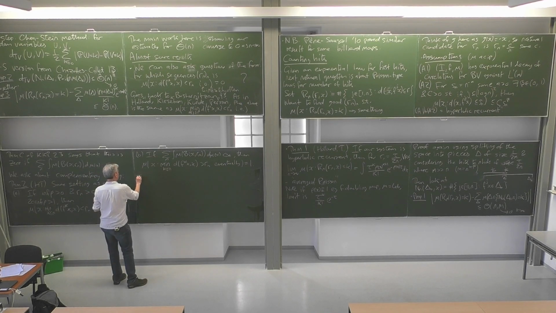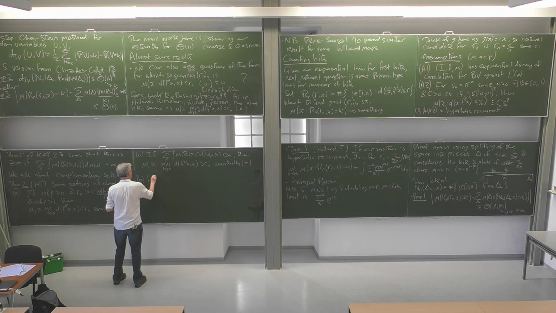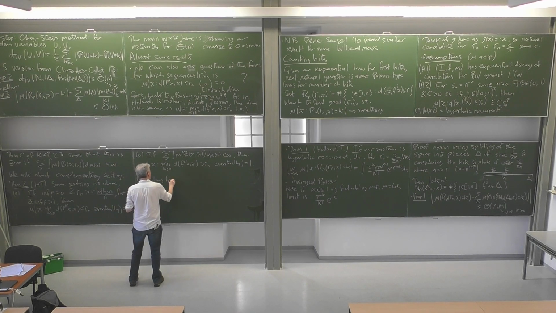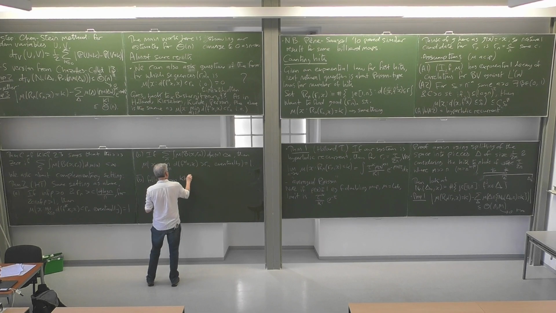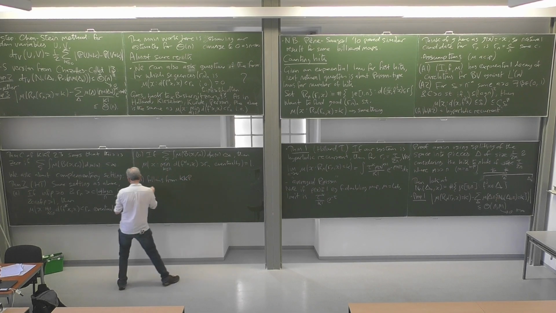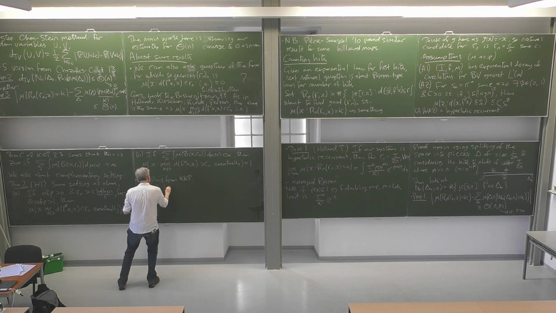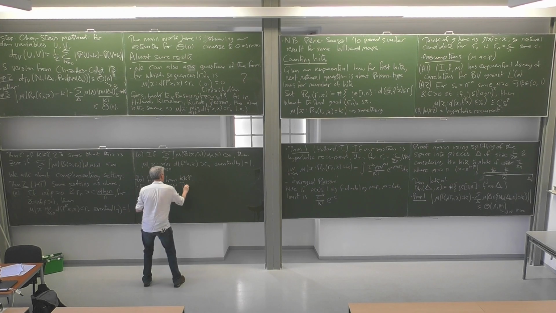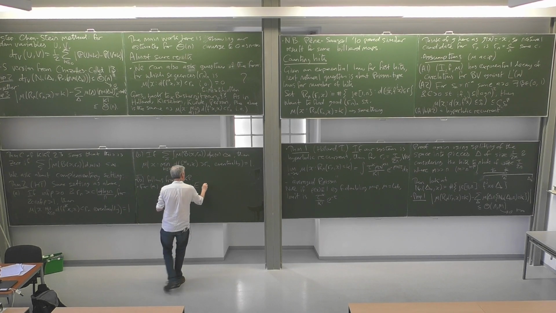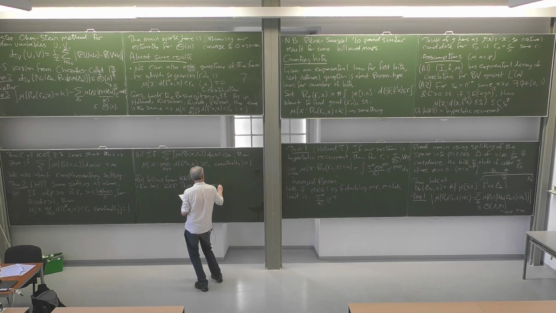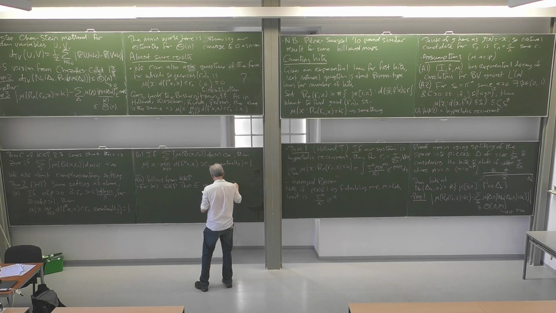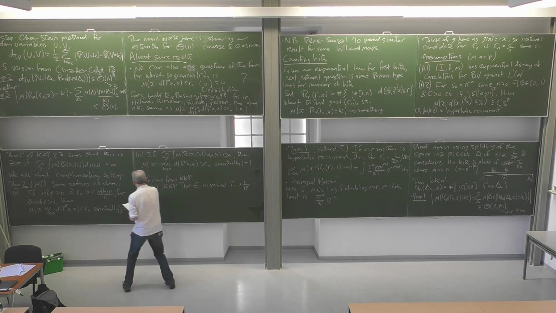So B follows from E. For A, KKP theorem E required Rn greater than 1 over n to the gamma for some gamma greater than 1.